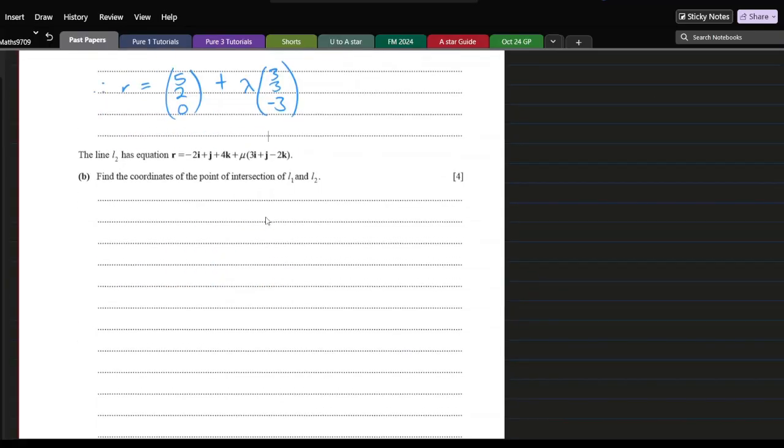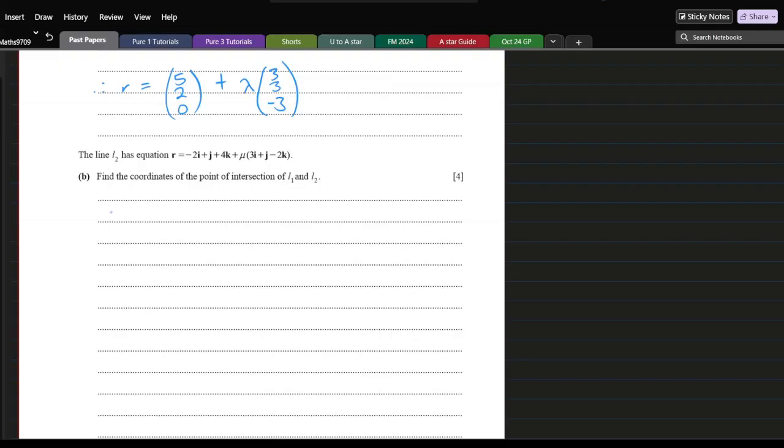and this is our final answer. The line L2 has equation r is equal to negative 2i plus j plus 4k plus mu times 3i plus j minus 2k. Part B, find the coordinates of the point of intersection of L1 and L2.